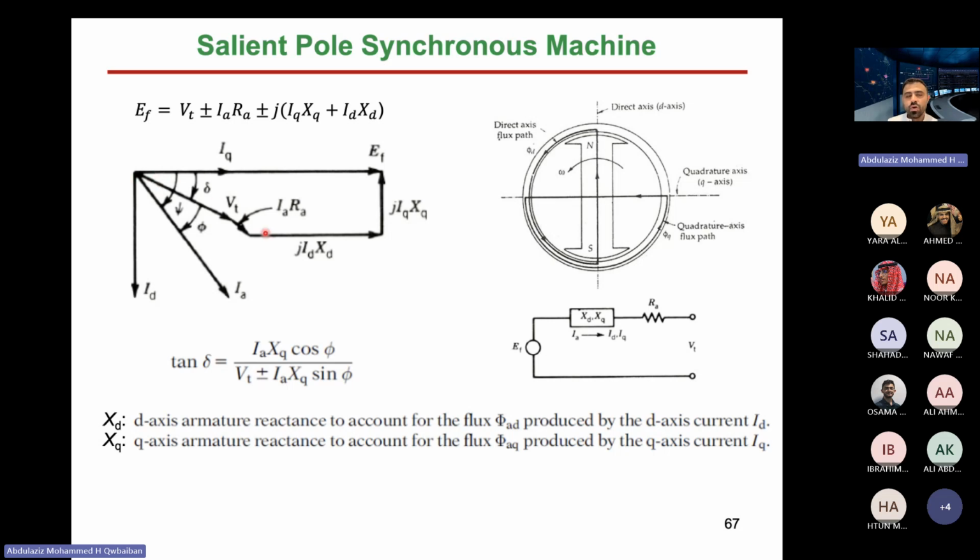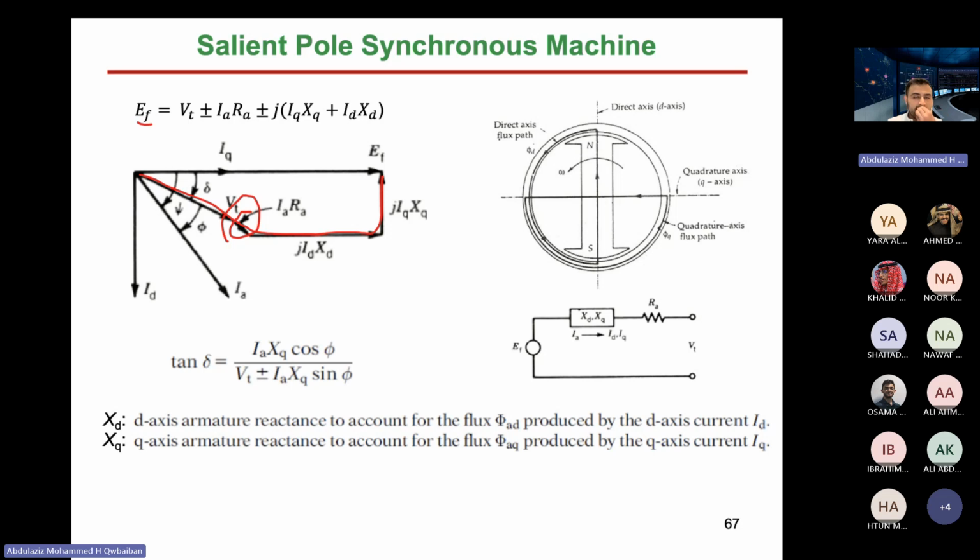So if you do all of this summation of the phasor diagram, I'm chasing the red line, all of this, you should get EF.